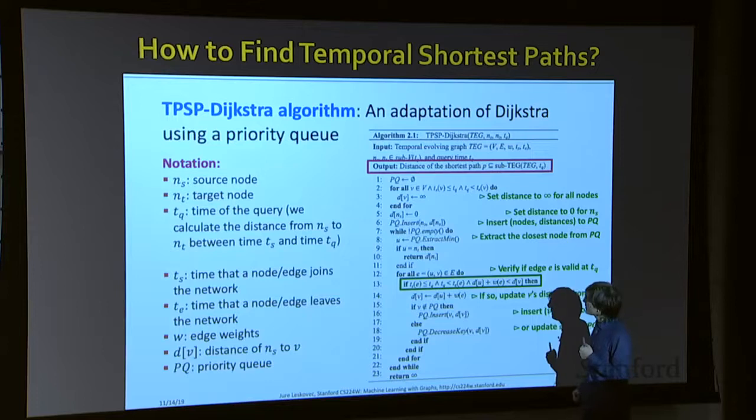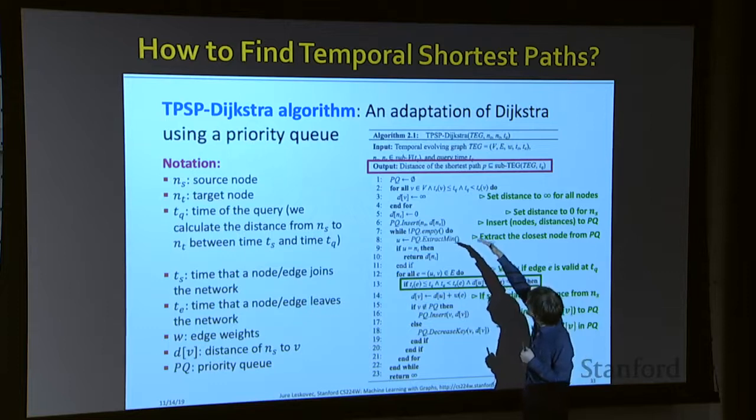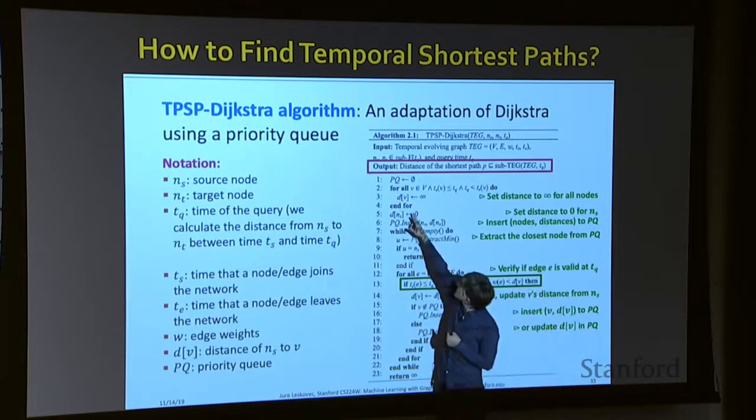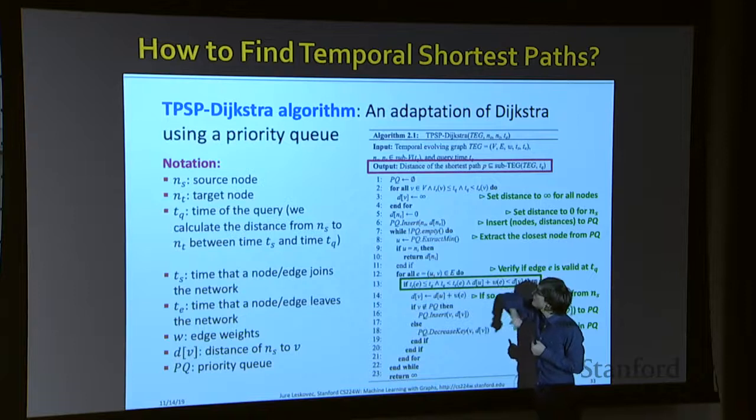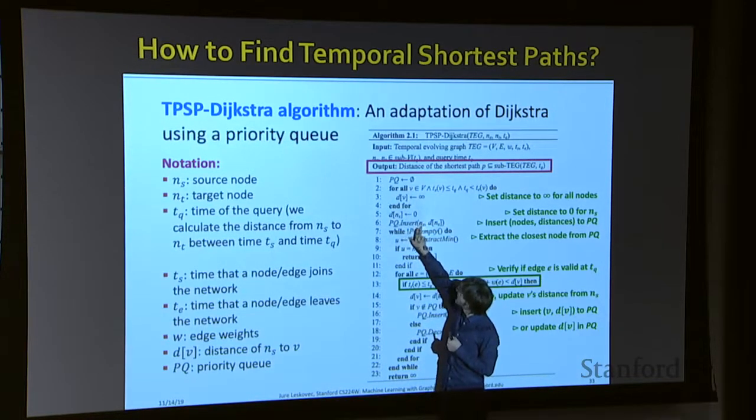And essentially, the way we want to think of this is to have this iteration. Here we are setting the distance to all the nodes to be infinite. Here is where we start the walk, start the path.